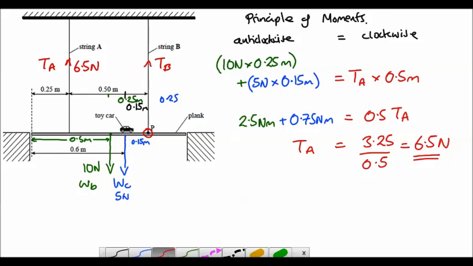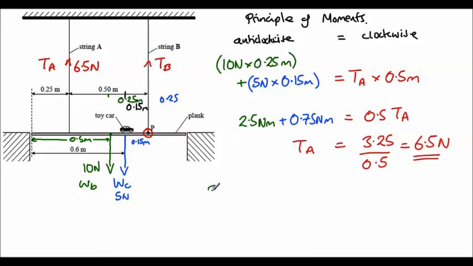You can just do it by looking at the upward and downward forces, because for this bridge to be in equilibrium, the moments have got to sum to zero. The clockwise and the anti-clockwise have got to balance, and all the forces have to balance. There aren't any horizontal forces, but that means that the upward forces have to balance the downward forces. So I can crudely just write it like this.